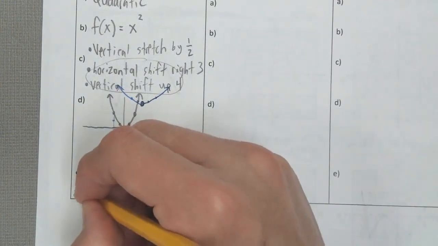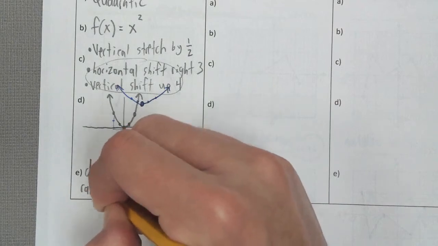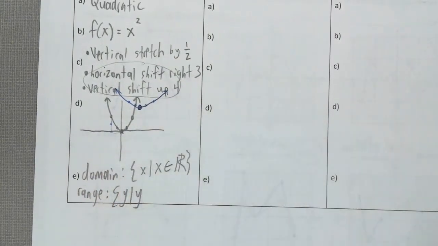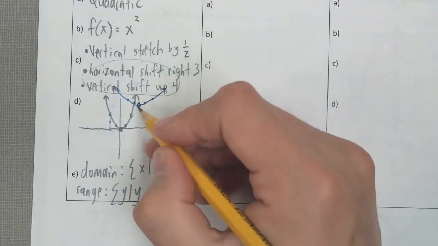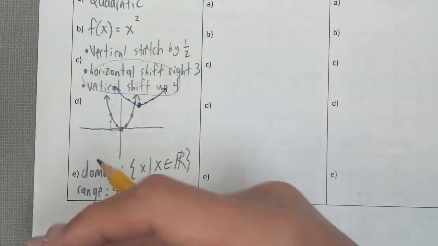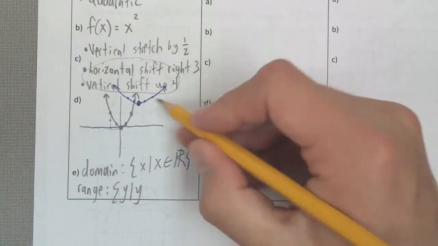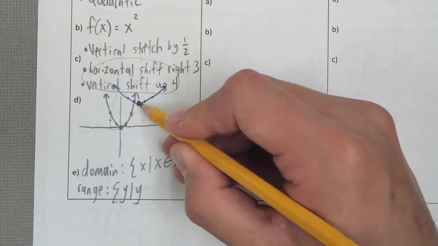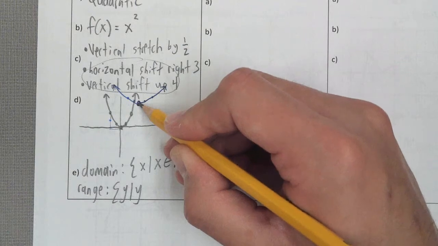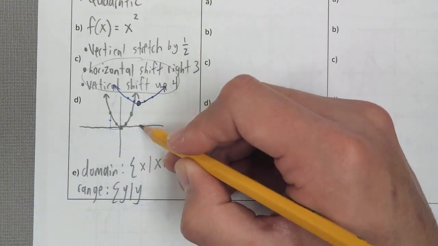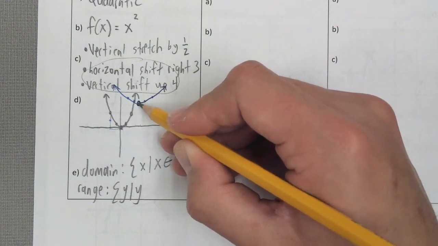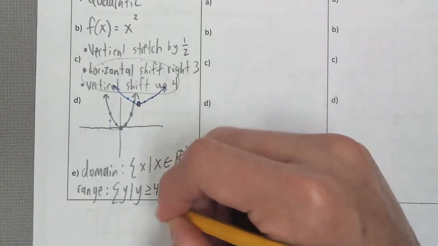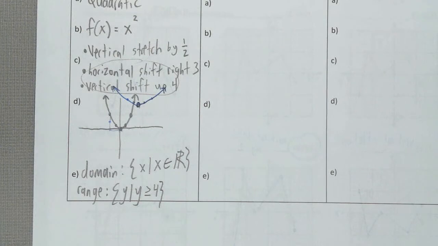Range: y such that y, well, we've got to think about what we're doing here. No values below this point for y. So it actually starts at that value, and we've got to think about what that value is. We shifted it over 3, and then we went up 4. So that's my starting point. It's got to be greater than or equal to 4. So that's one example.